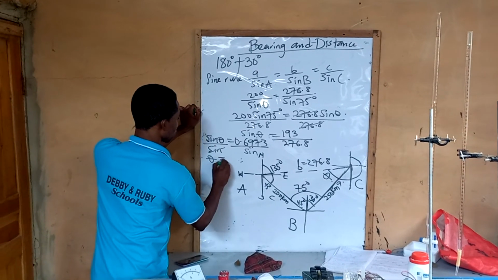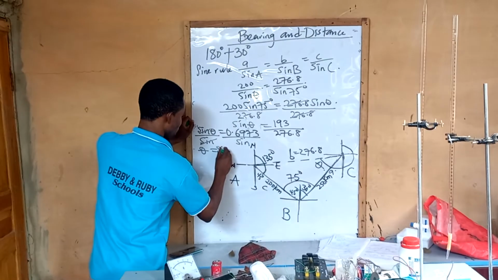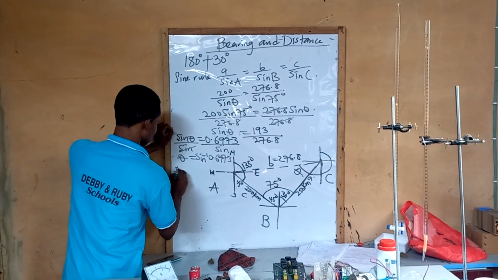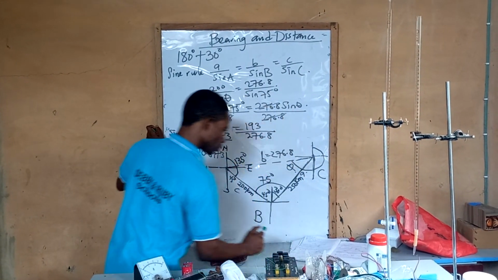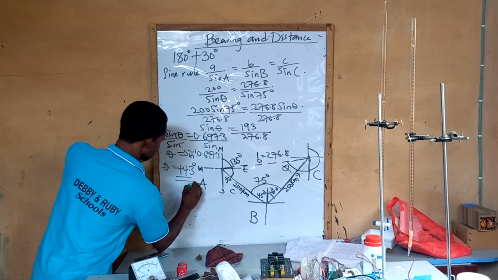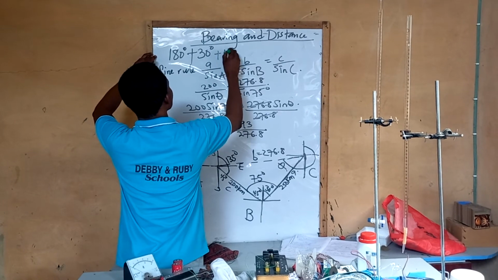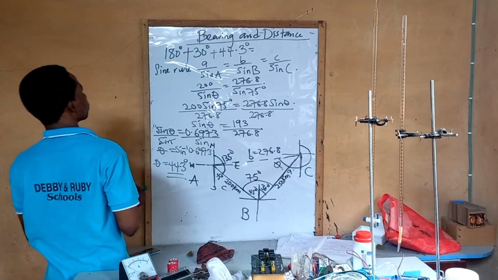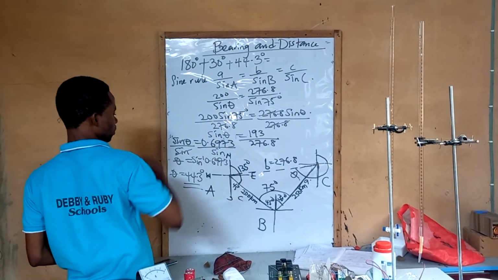So theta equals, you press shift and sine of 0.6973. So the angle here gives me 44.3. So I'll have it plus 44.3. 180 plus 30 is 210.